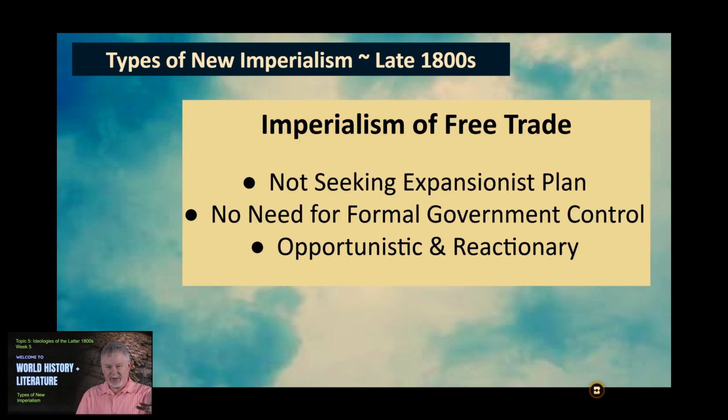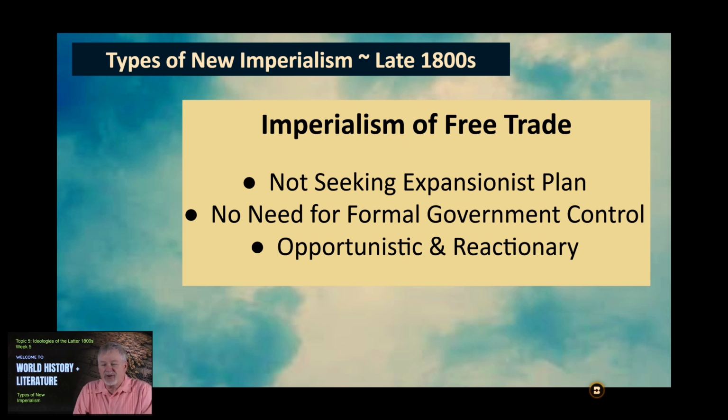The other kind of imperialism is the imperialism of free trade. This is an imperialism that is really not seeking to expand. They don't want more territory. They just want good contacts, good networks, good avenues, and free open trade between different regions of the globe. They don't feel a need to set up a whole government.